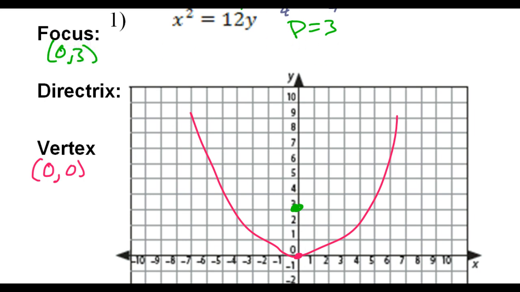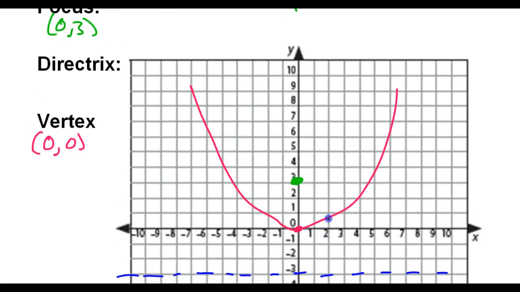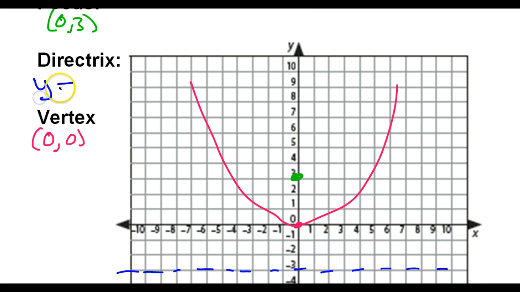All right, it also tells me that I'm going to go 3 down for my directrix. Okay, so here's my directrix. And horizontal lines are always y equals, so this is the line y equals negative 3.